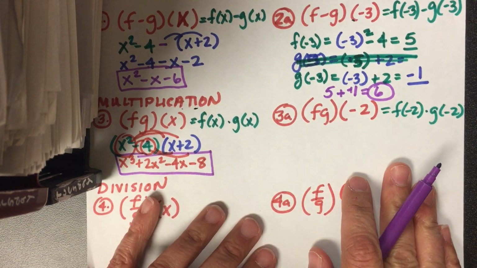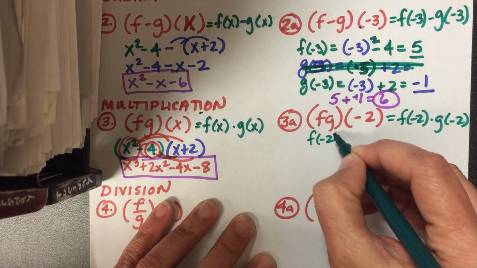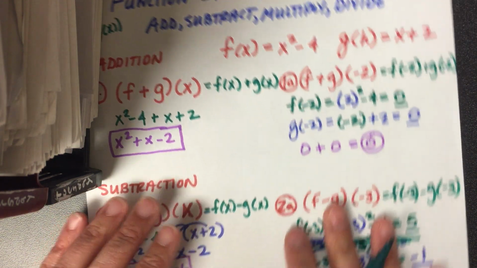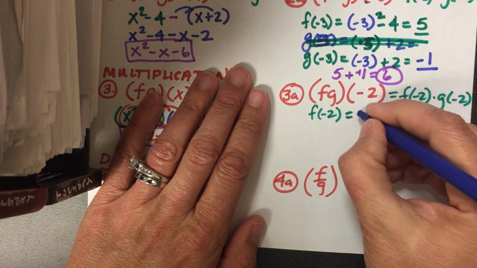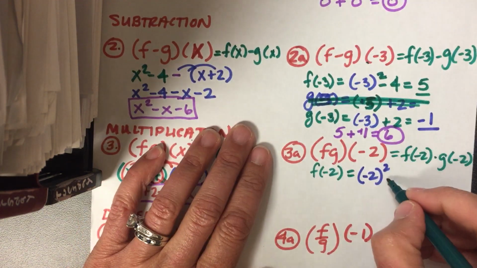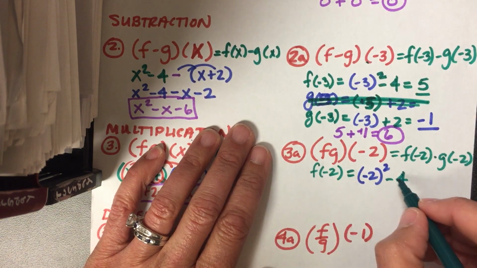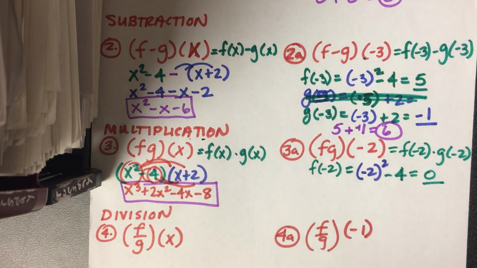So let's come over here where we're actually plugging a value in. So let's do f of -2. Again, f of x is x squared minus 4. So I'm going to do -2 squared minus 4. 4 minus 4 is 0. So that's f of -2.